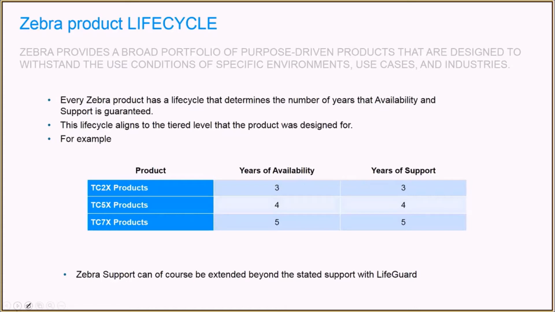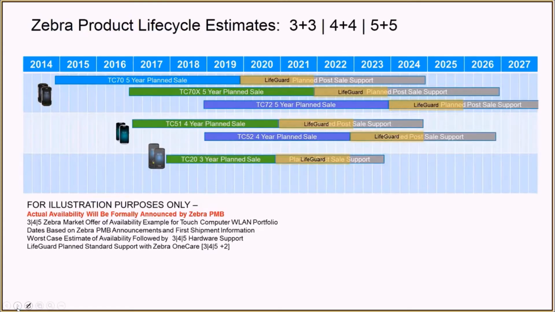Now, this gets interesting. You alluded to this in the introduction, Mark. It gets interesting when we look at what that means in terms of a life cycle estimate. So for the TC70, we originally released a TC70 at the end of 2014, and then we released the TC70X at the end of 2016, and we just announced publicly our TC72 here at the end of 2018.